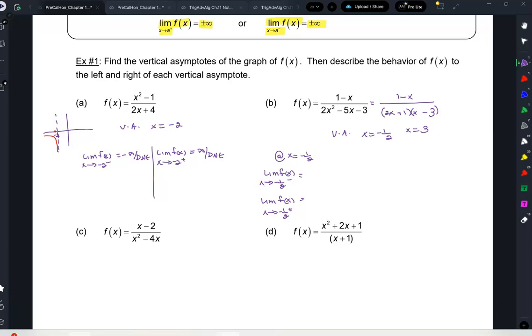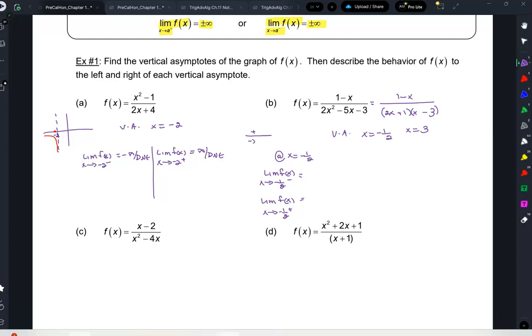Okay, so negative a half, from the negative side. So this is like negative 0.6, negative 0.7, and so on. In the numerator, will that be positive or negative? Positive. What about in that first parenthesis?